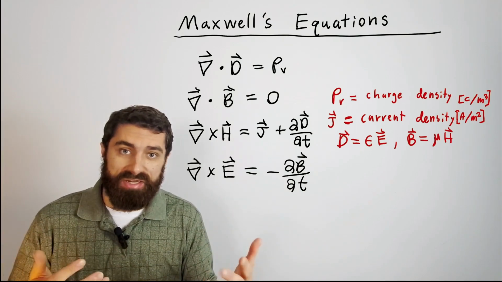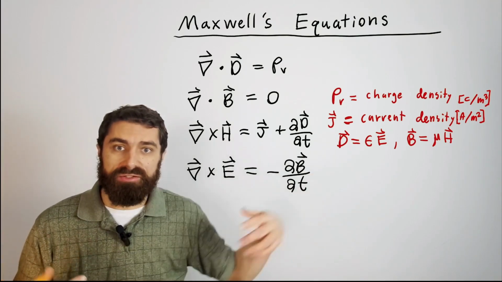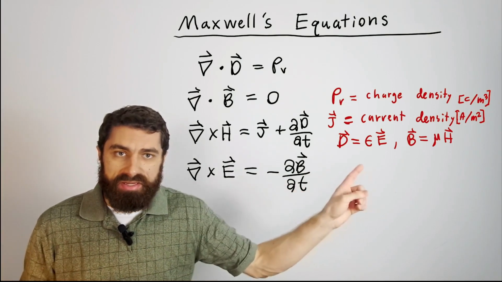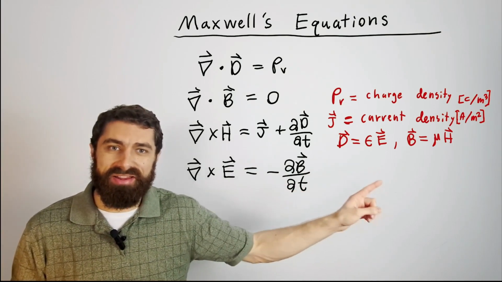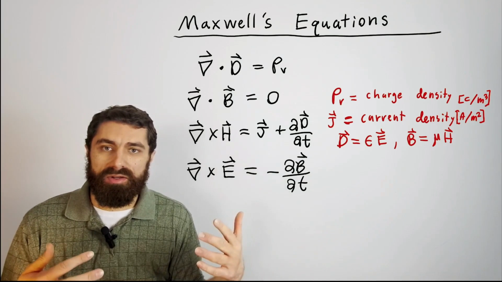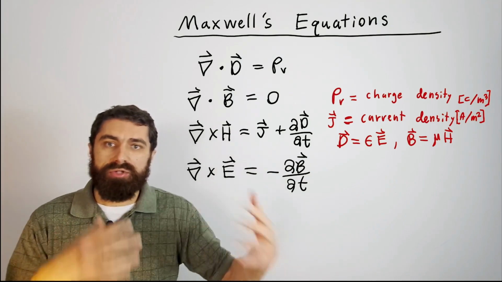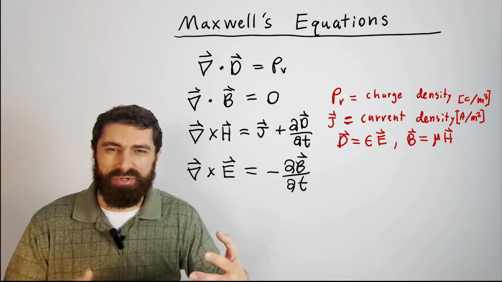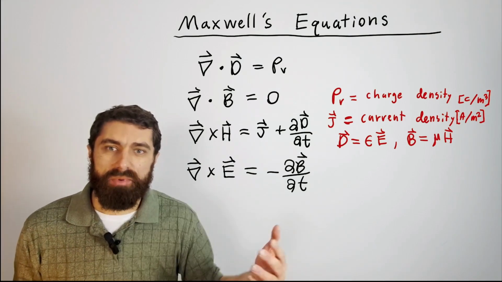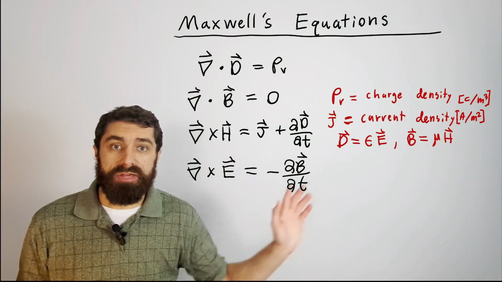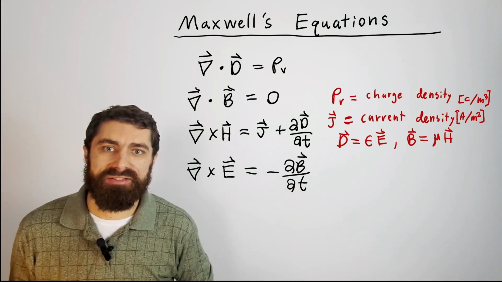They both represent electric and magnetic fields, but epsilon and mu are constants of proportionality that tell you about the material properties of the problem that you're working with. And we will definitely delve into more details on this.